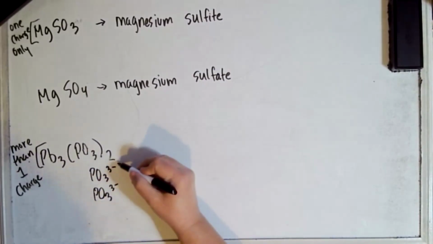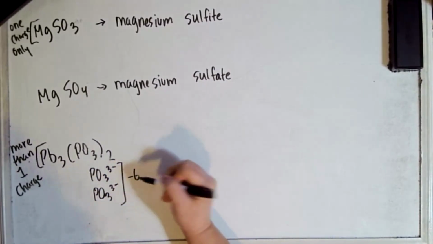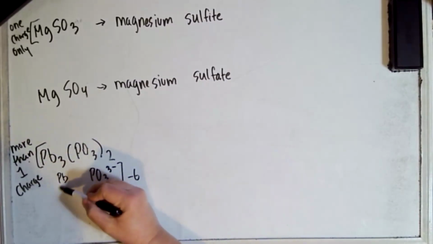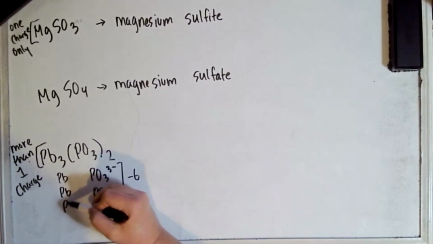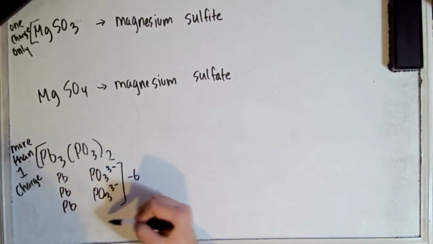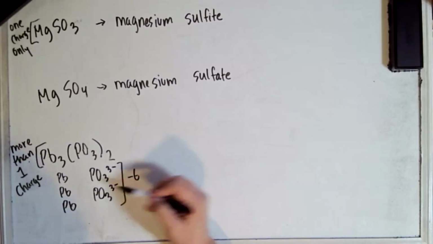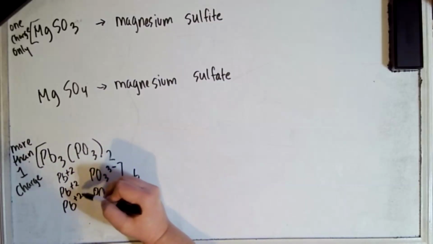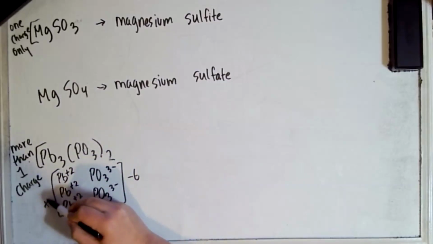Okay. So that means that our total negative charge is going to be -6. We have 3 lead ions. And we have to make sure that all of those lead ions add up to a +6. So that means that each lead is going to have to be a +2 so that it adds up to a +6.